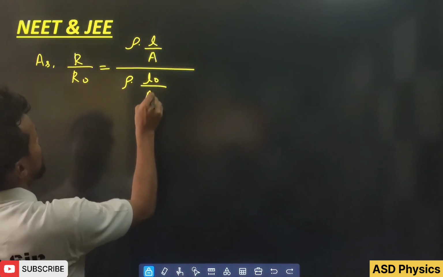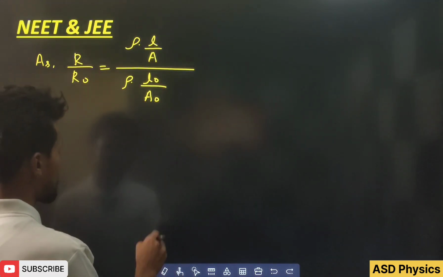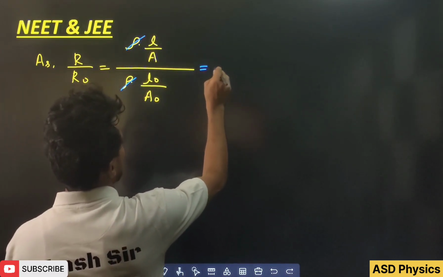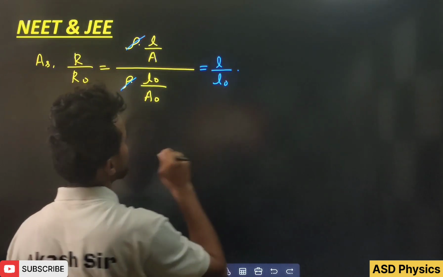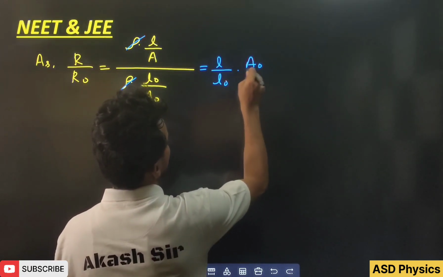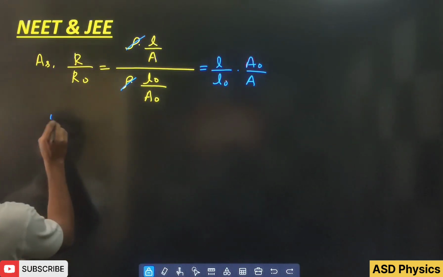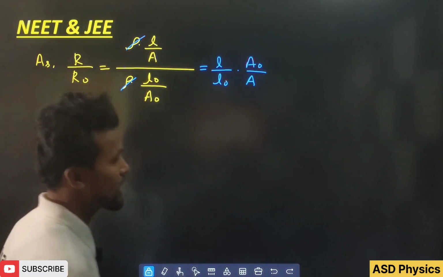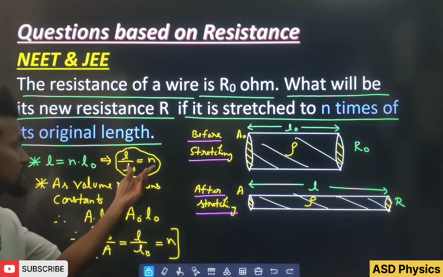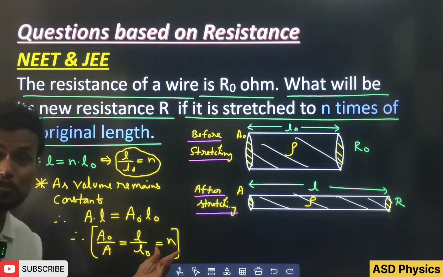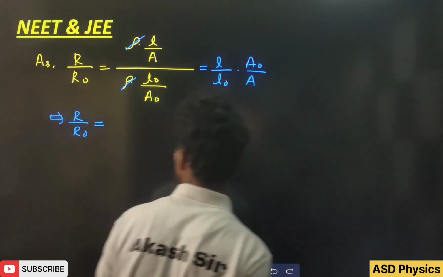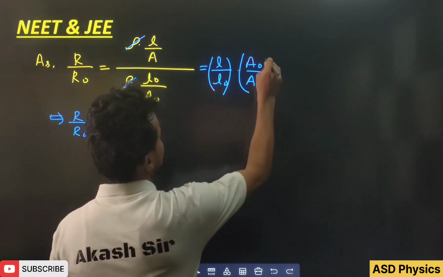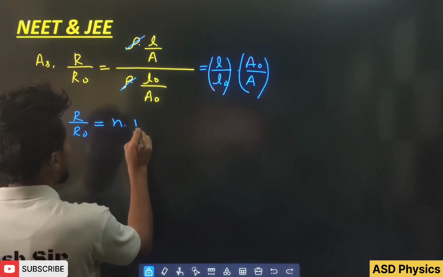Anyhow, rho and rho will cancel out, and we can write L by L0 into A0 by A. Now L by L0 is n, and A0 by A is also n.